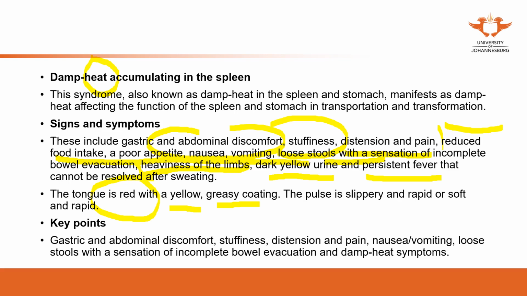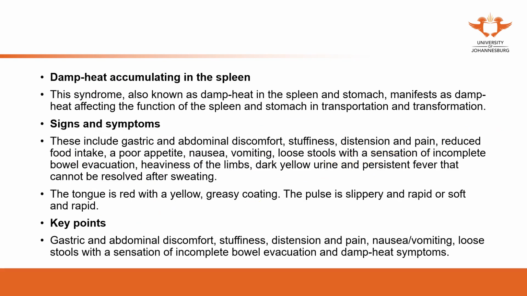Most important is the sensation after stool. With damp heat in the spleen, the patient will have a sensation of incomplete bowel evacuation, which means after they go to the toilet, they don't feel relief. They're still feeling something coming out, but there's nothing coming out. So this is a very typical sensation of dampness, especially for damp heat in the internal organs.